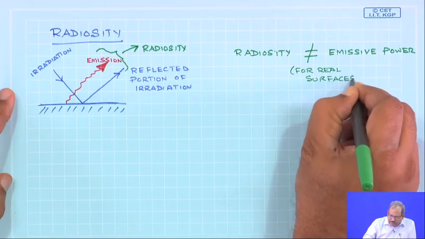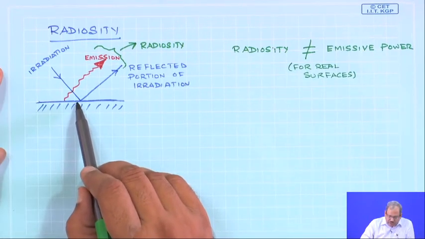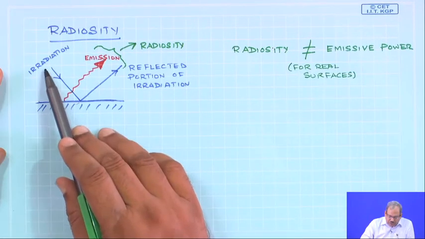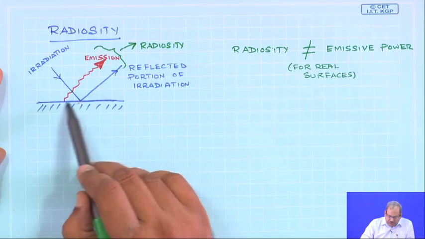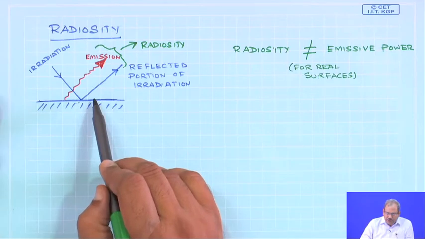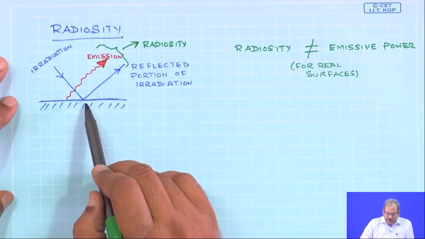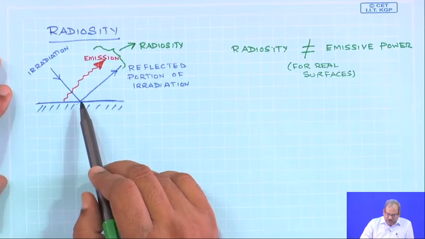But if the surface is not reflecting anything, whatever is irradiated on the surface, it is going to absorb without reflecting any portion of it. Obviously, I am now describing a black body.